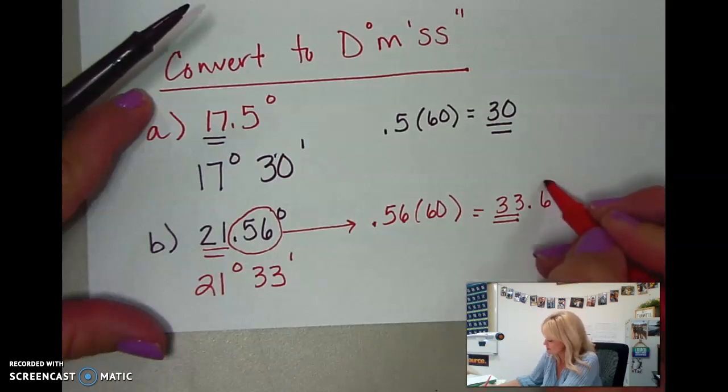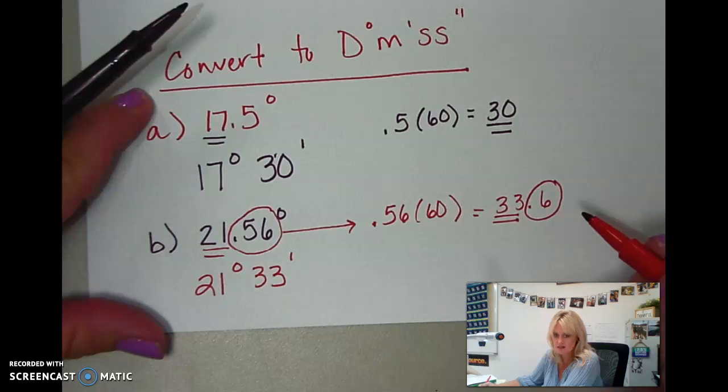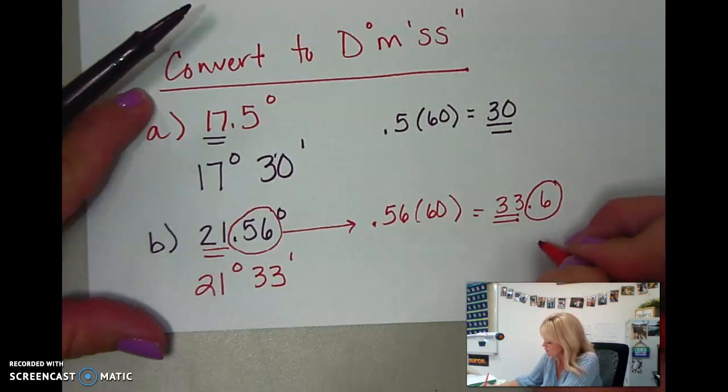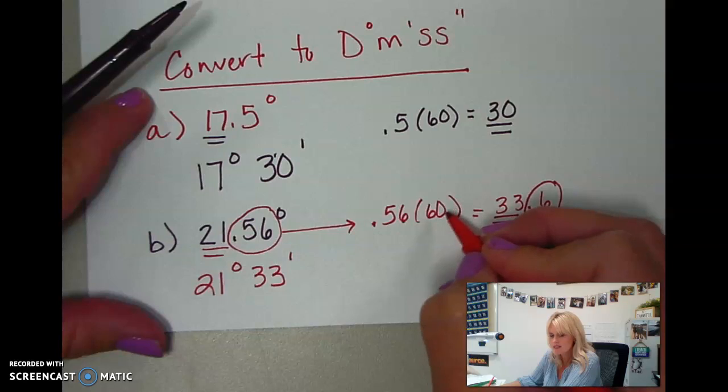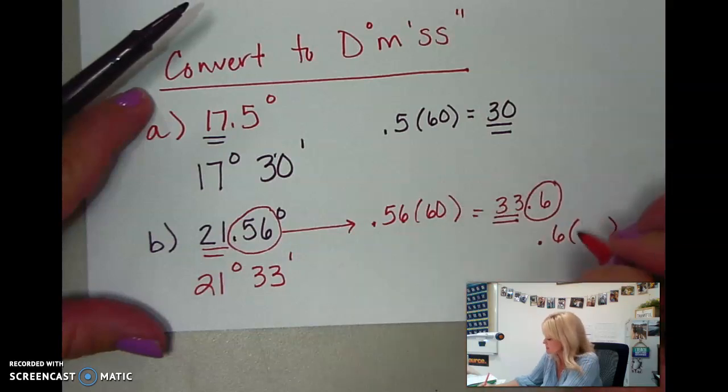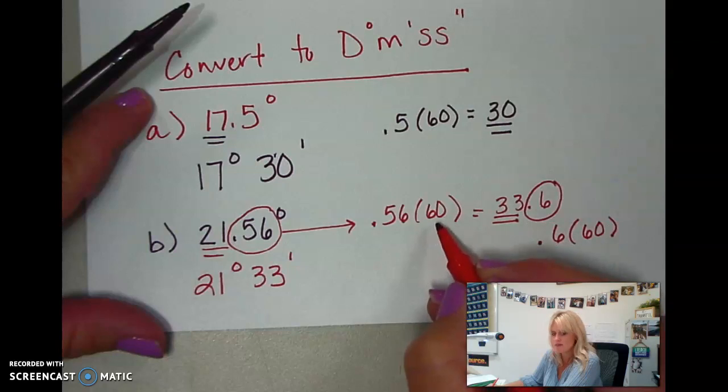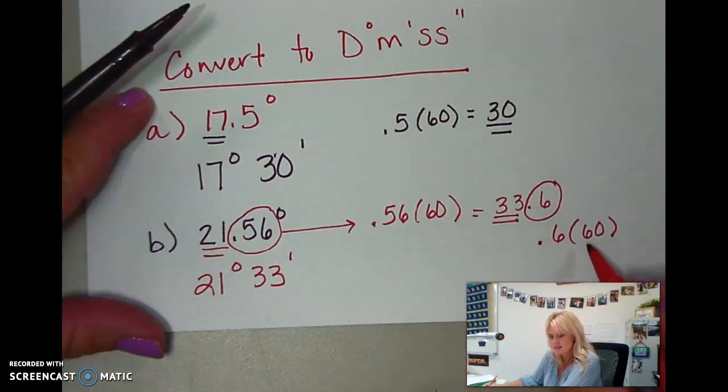Because there is a decimal this time, we're going to keep going and help us find our seconds. We're going to take 0.6 times, and guess what? It's not 3600 this time, because we're already using 60. So 60 times another 60, because we've already multiplied it by 60 once, and 60 again gives us our 3600.